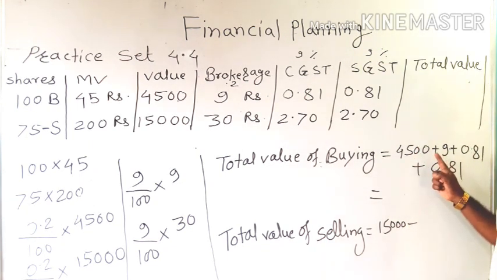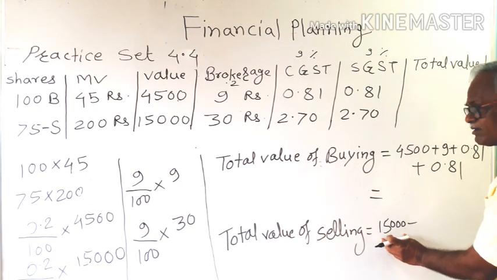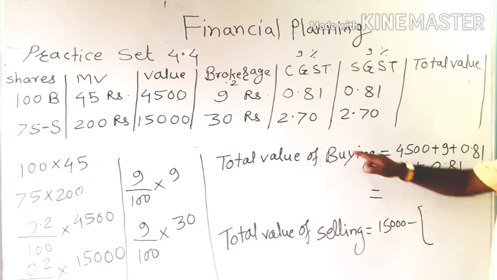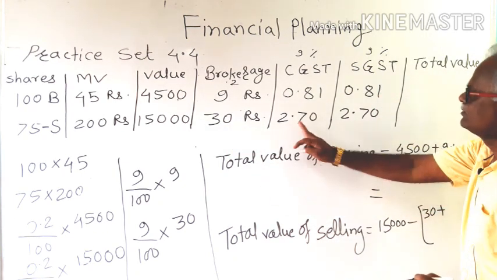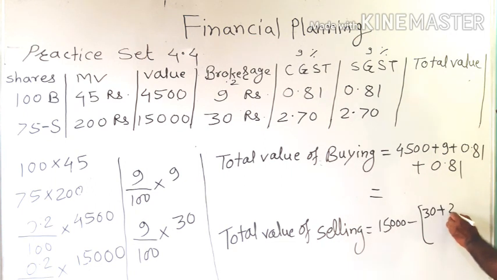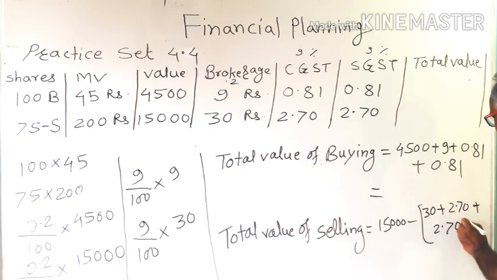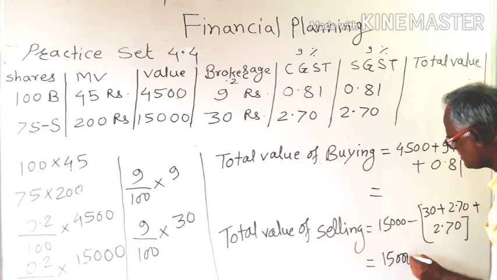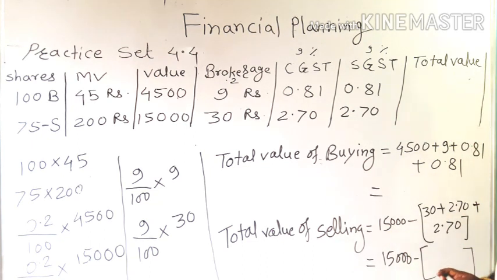For buying you have to add all these, but here you have to subtract the addition of all these: 30 plus 2.70 plus 2.70. So whatever is the addition, you have to subtract it from 15,000.